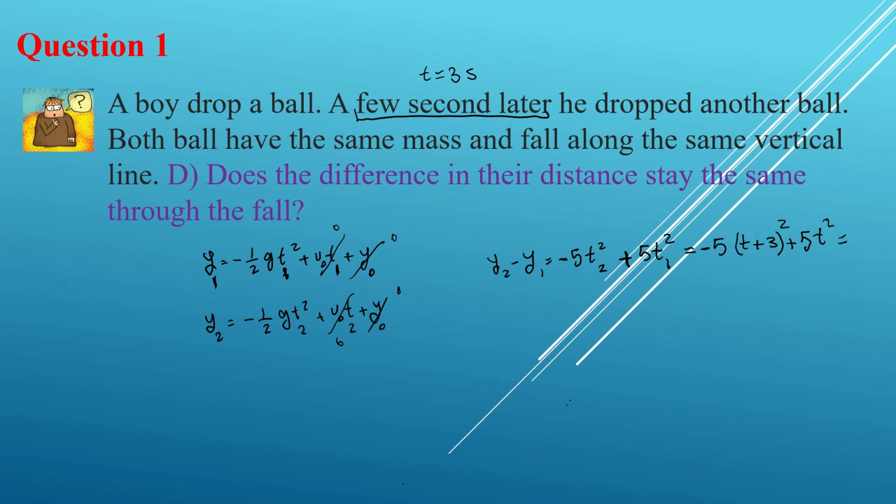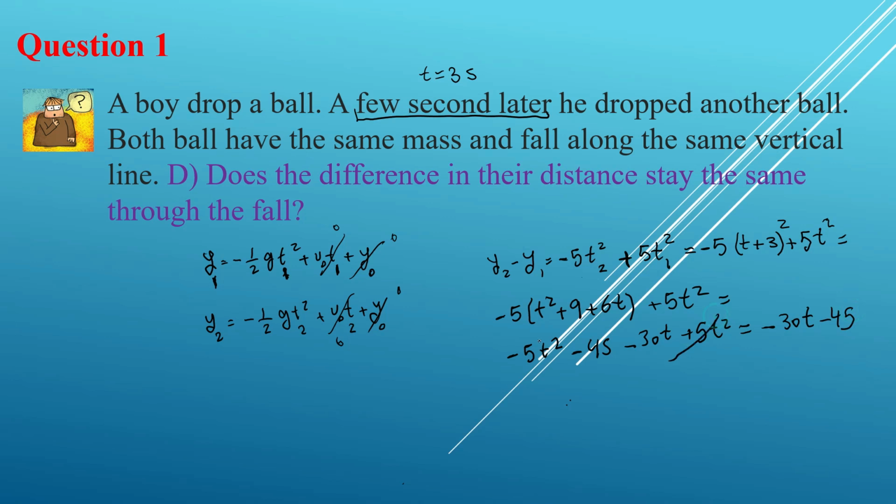Now let me do some math here. So it's going to be minus 5t squared plus 9 plus 6t, plus 5t squared, correct? Make it a little bit simpler. It's going to be minus 5t squared minus 30t minus 45 plus 5t squared, which is equal to minus 30t minus 45, right?